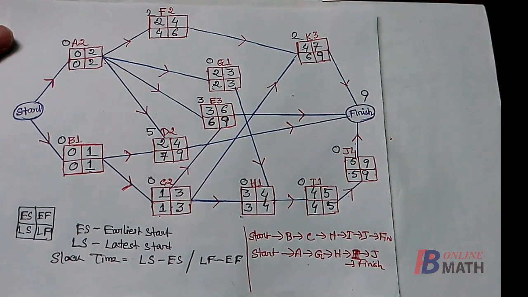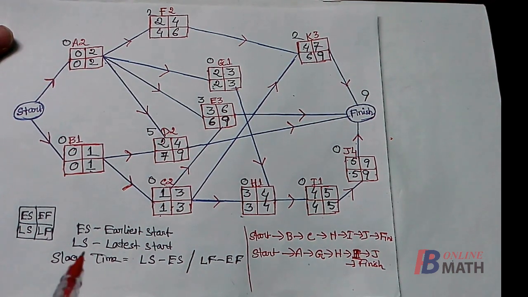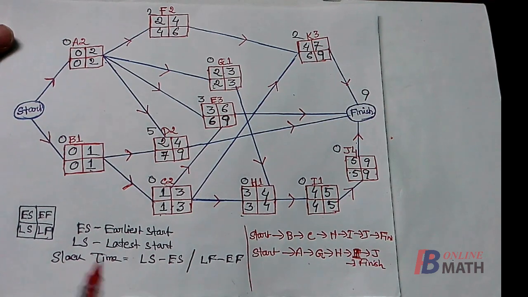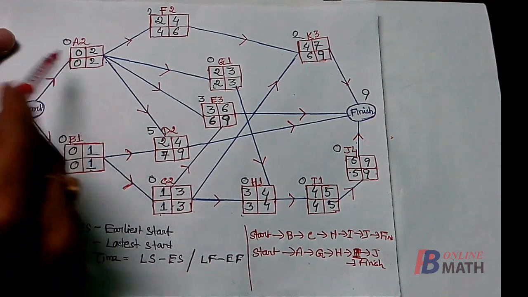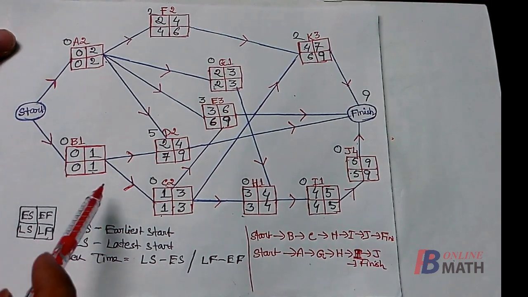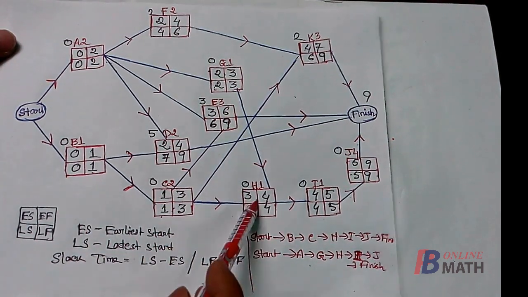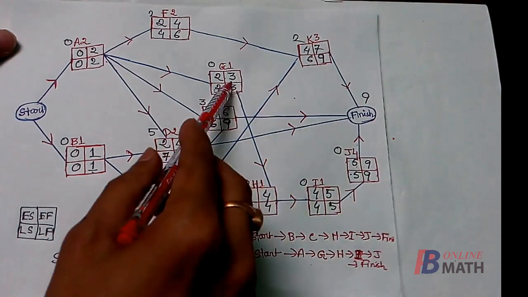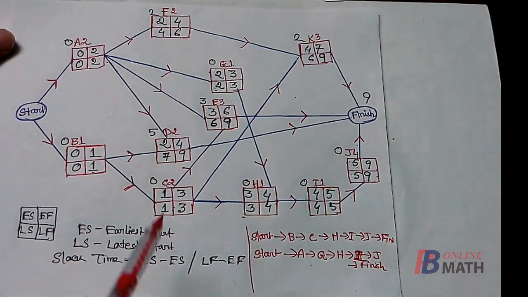Now we shall identify the critical activities. Now the critical activities are those activities with the 0 slack times. So here we find that the activities A, B, C, H, I, J and G. These are the critical activities.